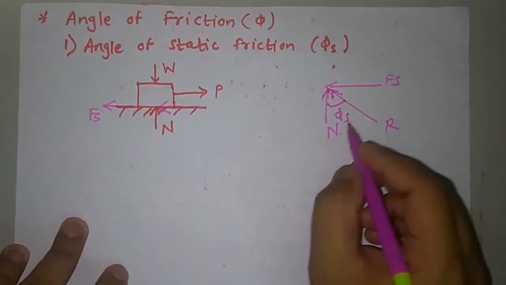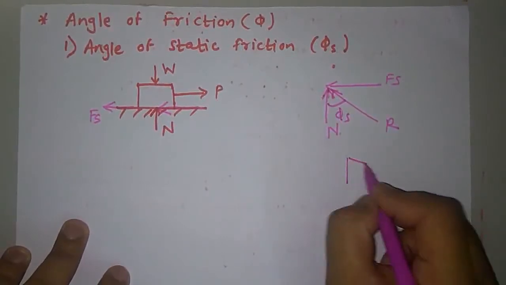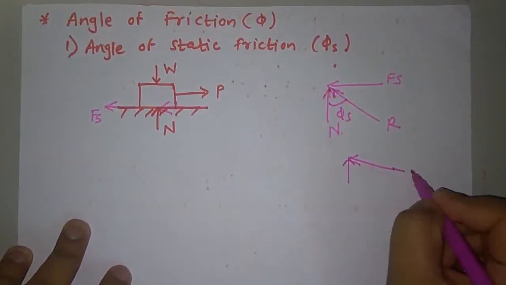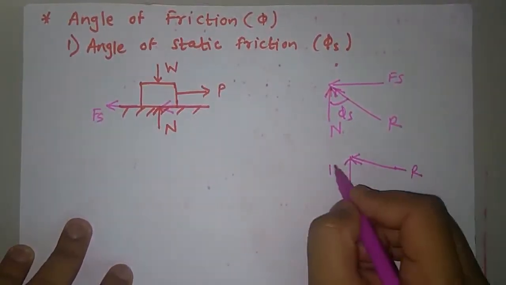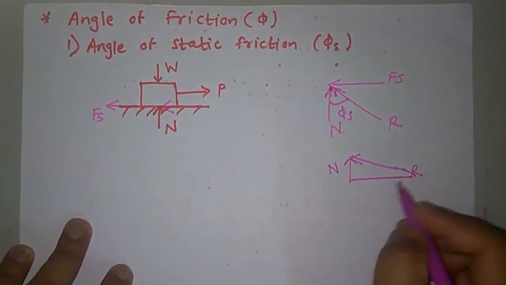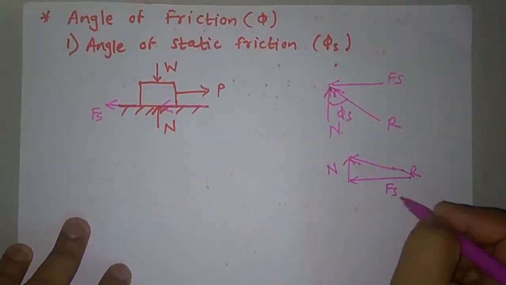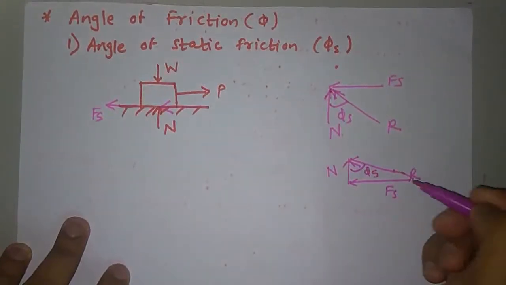Now by geometry, again I can redraw this. This is normal reaction, this is your resultant, and here it is static friction, and this angle is phi s.